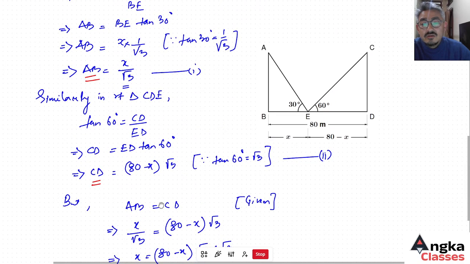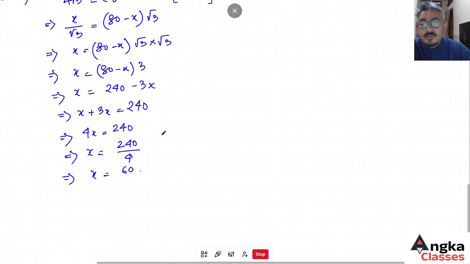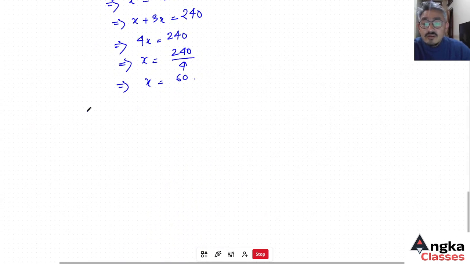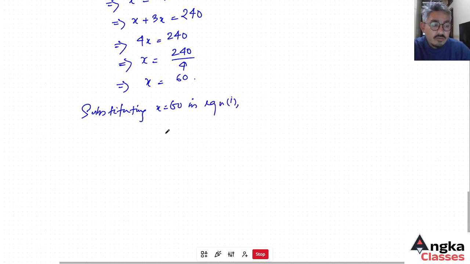ABCꯒꯤ height पुथोसी मैंने कहा okay. So substituting X is equal to 60 in equation 1. So equation 1, AB is X by root 3. So we have AB is equal to 60 by root 3. Nadra, rationalize obviously.